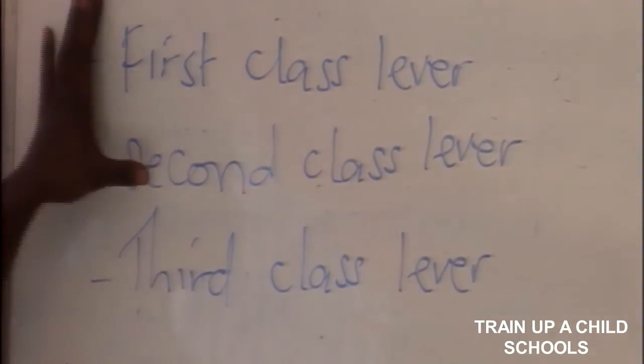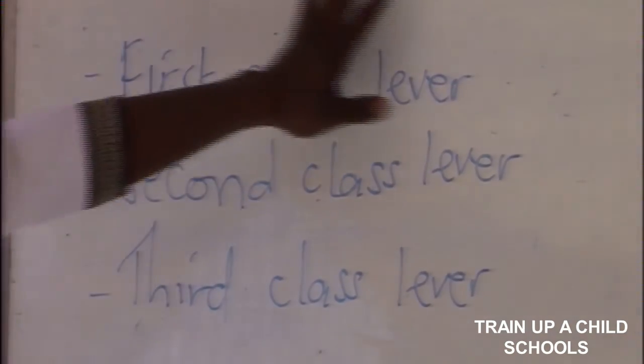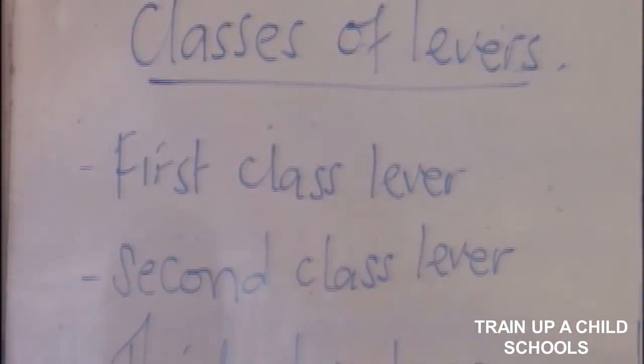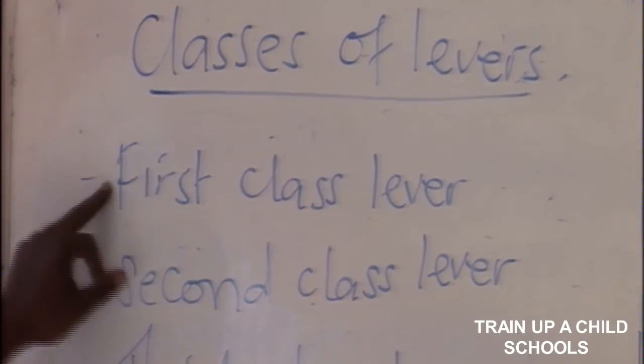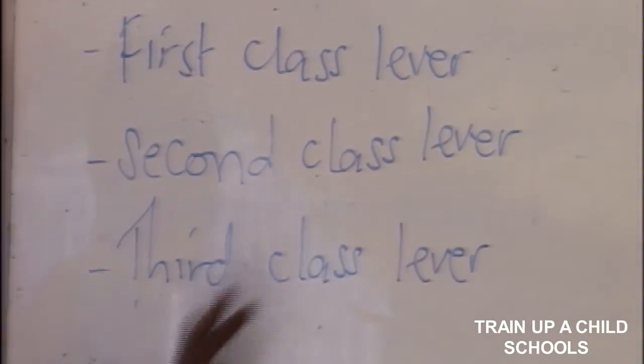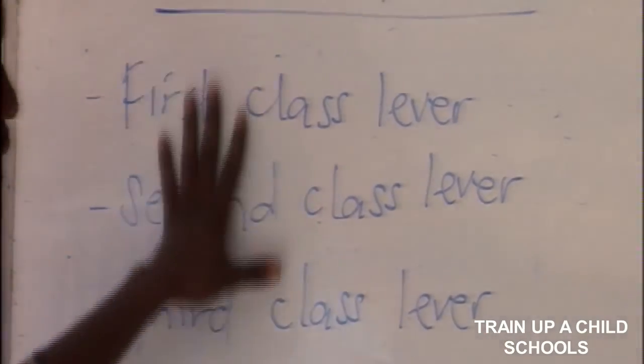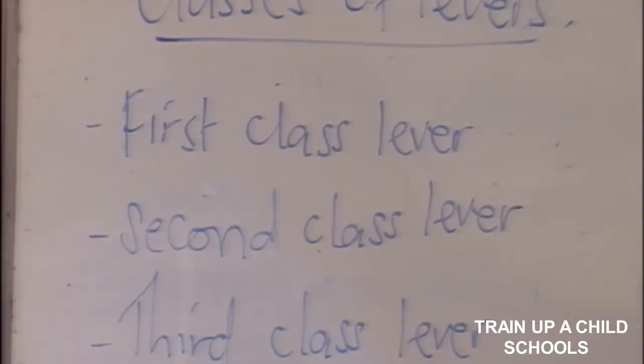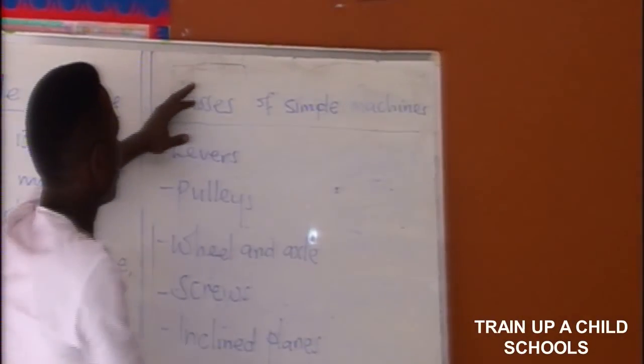So these are the classes of the lever. These are the groups of simple machines, and they're not examples.